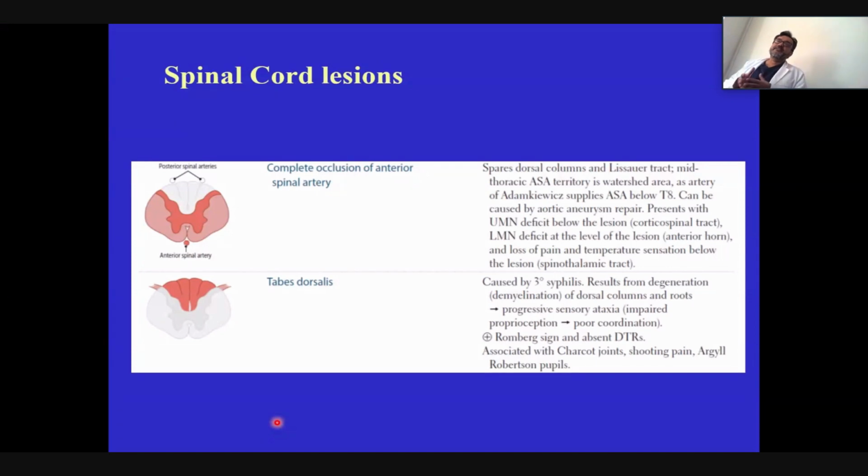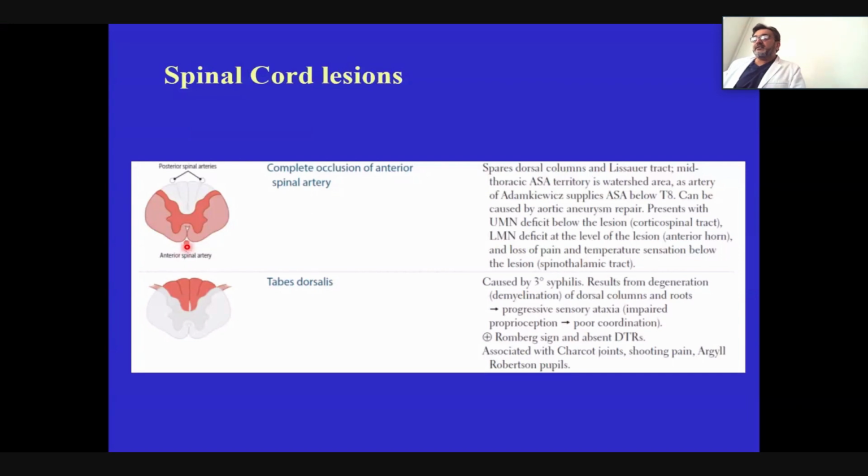As a result, there would be ischemia to the anterior part of the spinal cord, leading to lesions involving the bilateral anterior gray horn cells, resulting in lower motor neuron type of paralysis. Then bilaterally, the corticospinal tracts are going to be gone, so you would have an upper motor neuron type of lesion bilaterally below the level of the ischemia. You would also lose pain and temperature bilaterally below the level of the lesion.